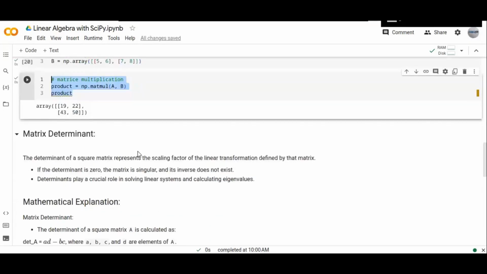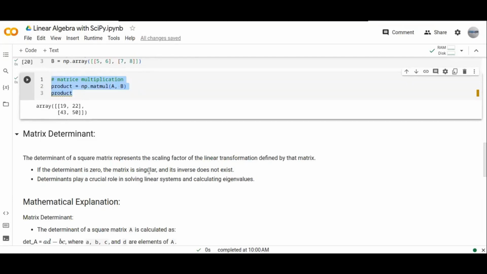And the second matrix operation is the matrix determinant. The determinant of a square matrix represents the scaling factor of the linear transformation defined by that matrix. If the determinant is 0, the matrix is singular, and its inverse doesn't exist.